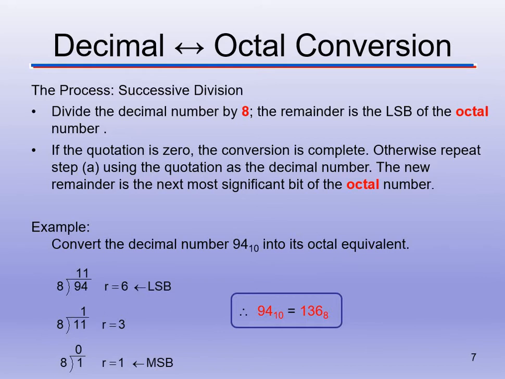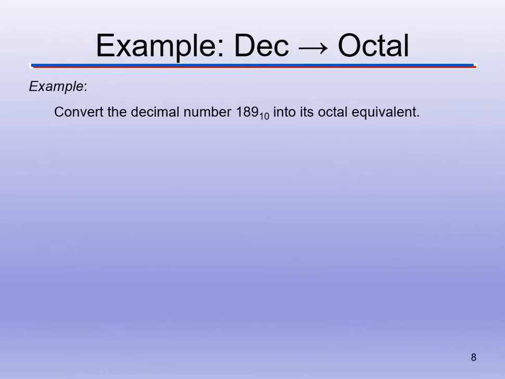The first remainder that I got was my LSB. So I write this in terms of MSB to LSB. So this number becomes 136 octal. Alright, so 94 decimal is the equivalent of 136 octal. And you write the subscript 8 there so that you know that it's octal.